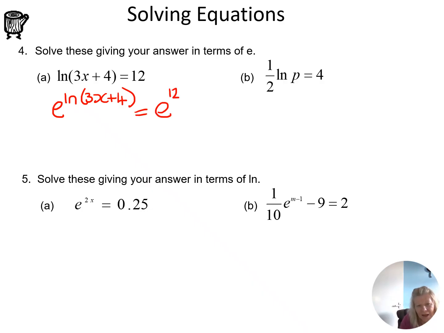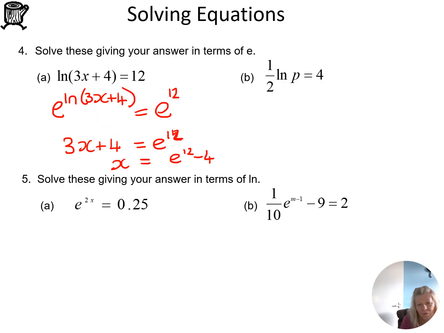E and the ln next to each other, so we just got 3x plus 4 equals e to the 12. And then just rearranging to get x on its own, we'll have e to the 12, subtract 4, over 3.